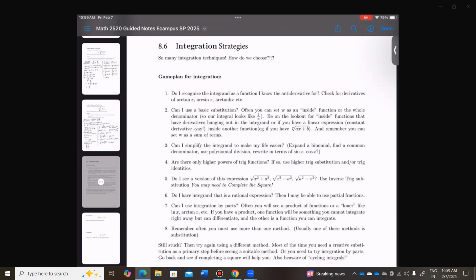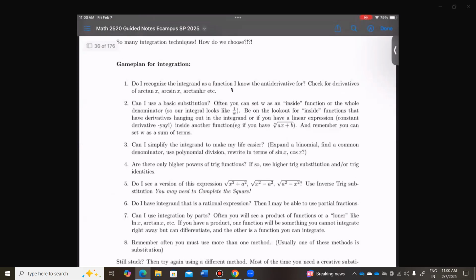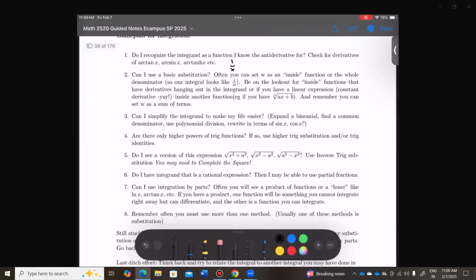So the first thing is, look at whether you recognize what's being integrated as an antiderivative. It's something that you've seen. If it's, for instance, 1 over x, then you know, okay, that's the derivative of natural log of x.